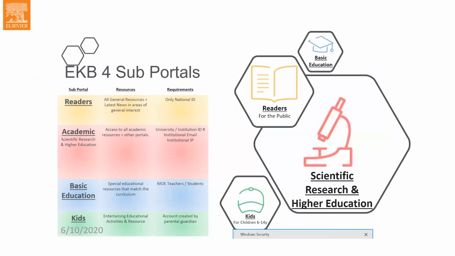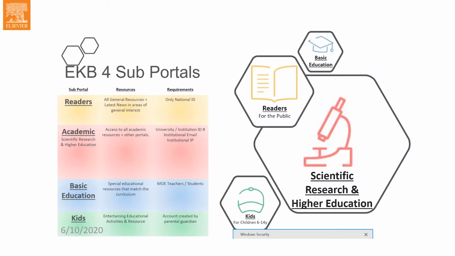The ones of concern to us now are mainly the academic portal and secondarily the readers portal. The academic portal is available for researchers from all universities and all research institutions in Egypt, as well as, which was recently added, students from Egyptian universities.